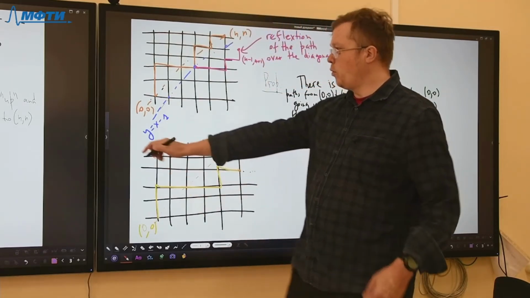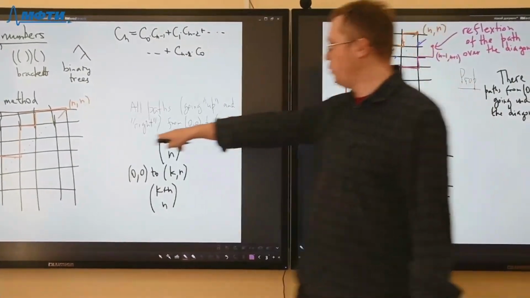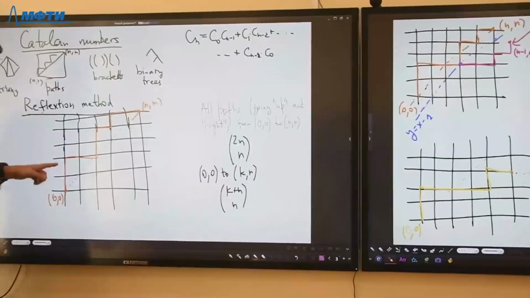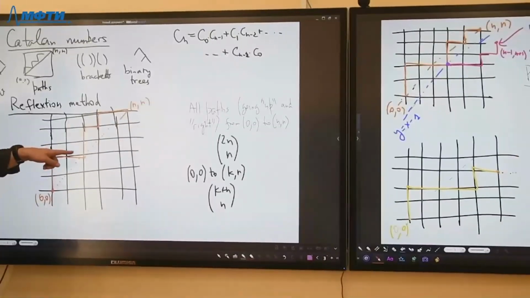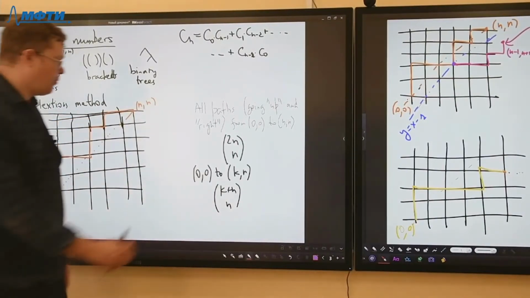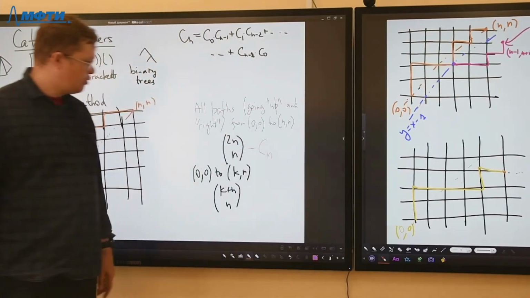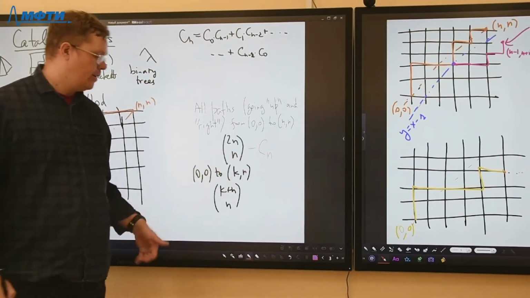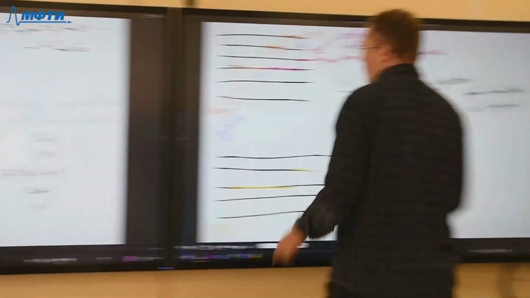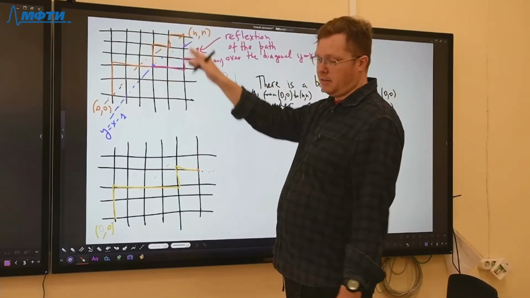Okay, so we have the total number of paths going from 0, 0 to n, n. And we want to find the number of Catalan numbers. The Catalan numbers count the paths going over the diagonal. So if we subtract it from 2n choose n, then what is left is the paths going from 0, 0 to n, n and somehow going under the diagonal.